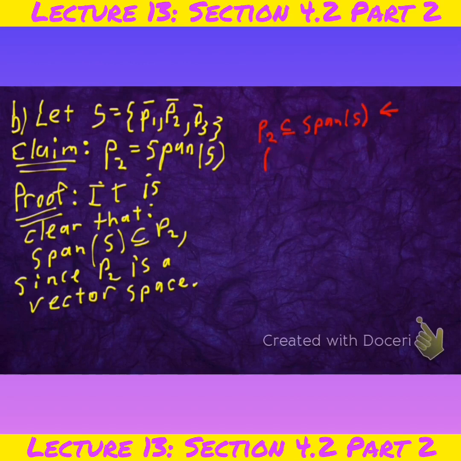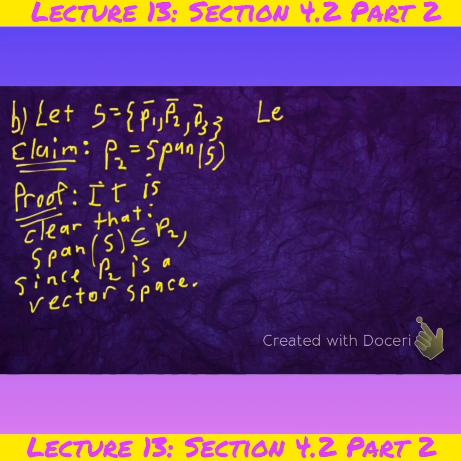By taking a point in P2 and showing that it is in the span of S. What needs to happen for something to be in the span of S? It needs to be a linear combination of vectors in S. So I need to show that every vector in P2 is a linear combination of vectors in S.